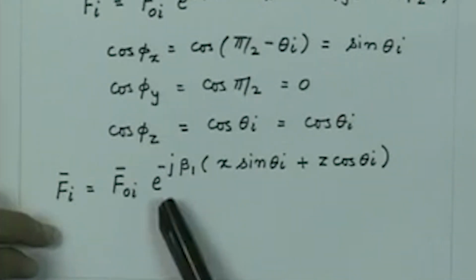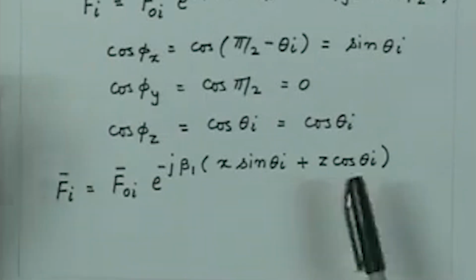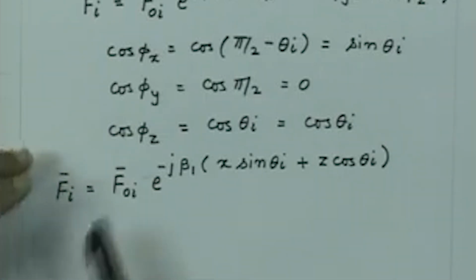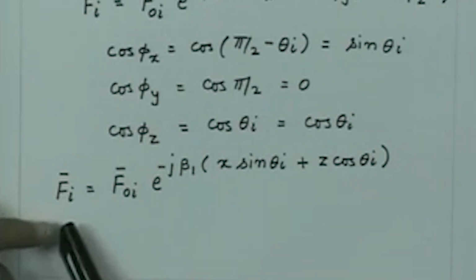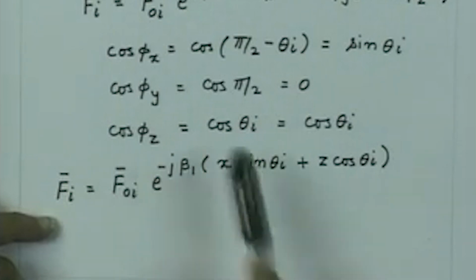So, if I look at some instant of time, if I look what is the variation of the field amplitude as a function of x and z and also y, the field variation we can obtain by taking a real part of this quantity.